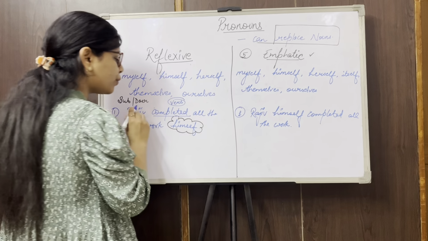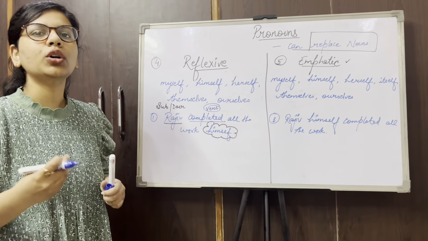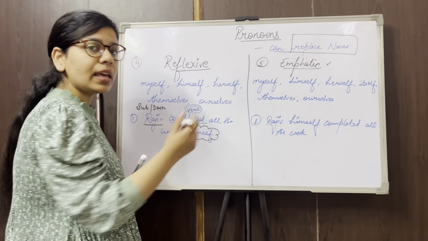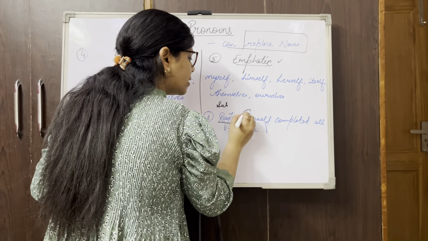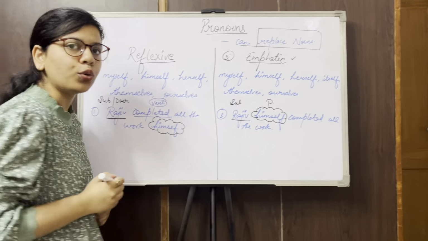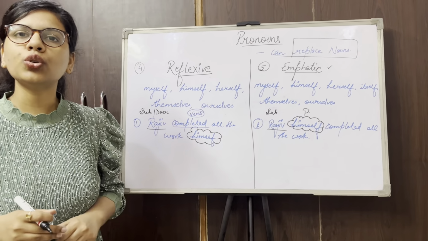So the doer of the action and the pronoun are separated by other parts of speech. Whereas in emphatic pronoun, this is the subject and just after that we have the pronoun. So both the subject and the pronoun are coming together.